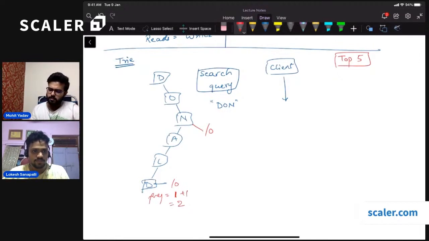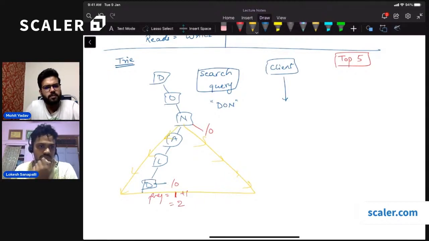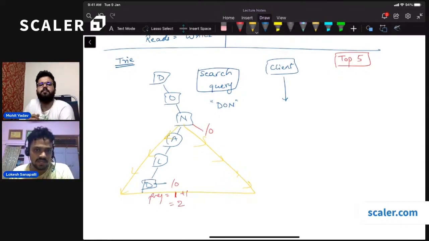Let's say the prefix is DON, so from N I need to traverse through whatever the depth of the tree located at N, look at them, find the maximum of them, and then return them. So the problem would be drilling down the tree. How can we resolve it?